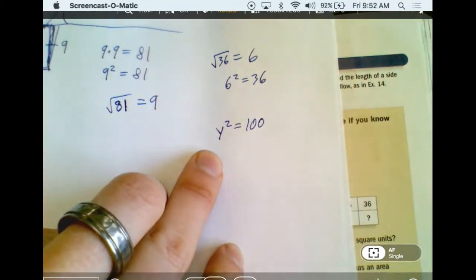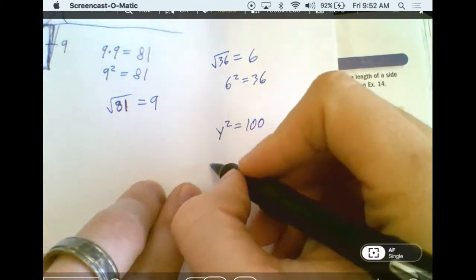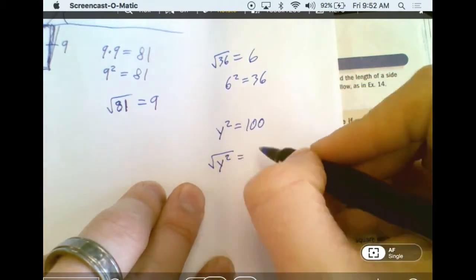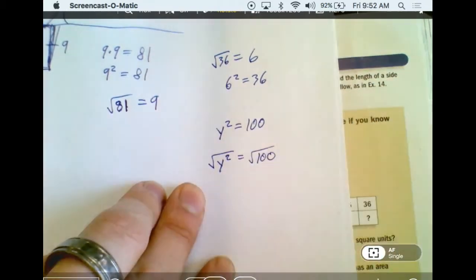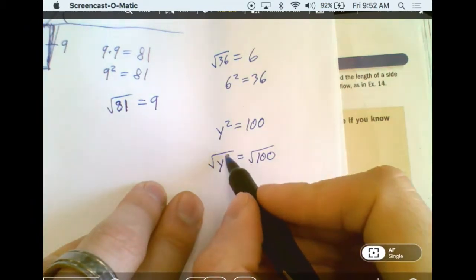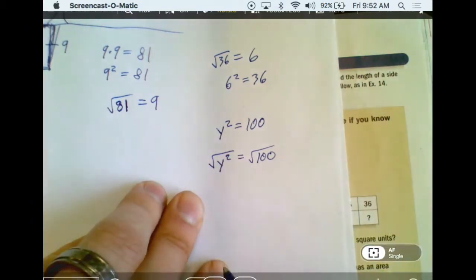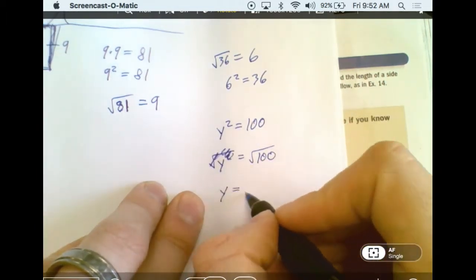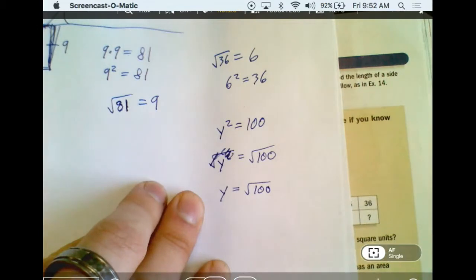The opposite of squaring something is to take the square root. So, watch this. Square root, y squared, equals, I'm just going to do the square root to both sides. This square root symbol gets rid of that exponent 2. So those are now gone. So we've got y equals the square root of 100.